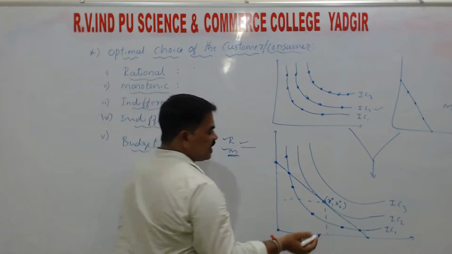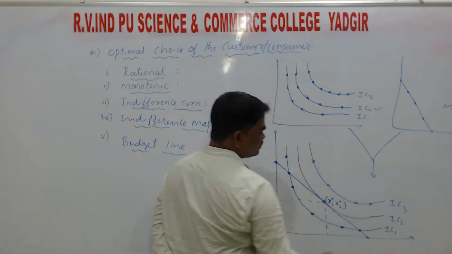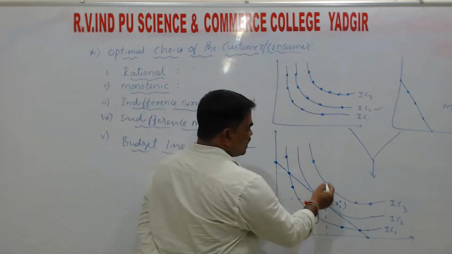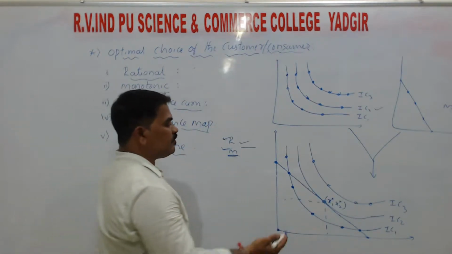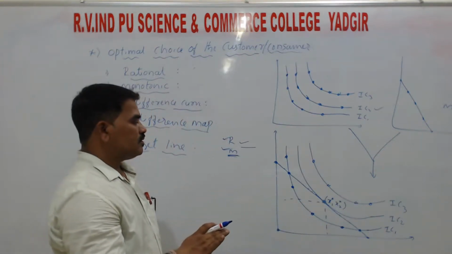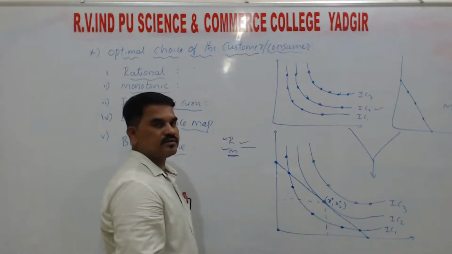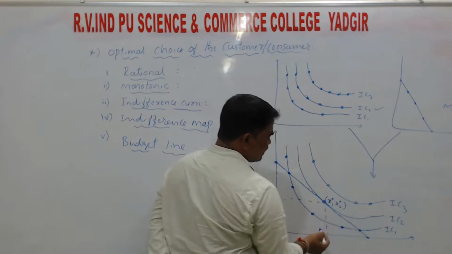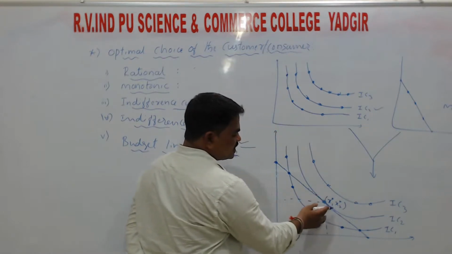We can also ask this question: why can't he select these other bundles with available resources? He is not capable of buying these bundles. They are superior, but he cannot go with them because of his limited resources. Those bundles don't come under the budget line, where the bundle's cost is equal to his income.